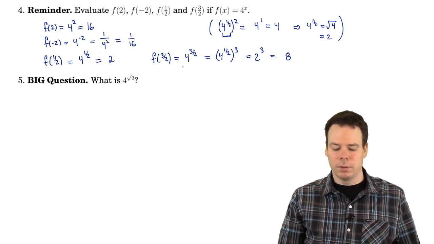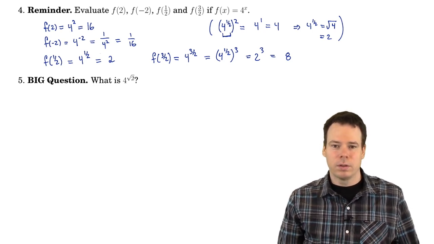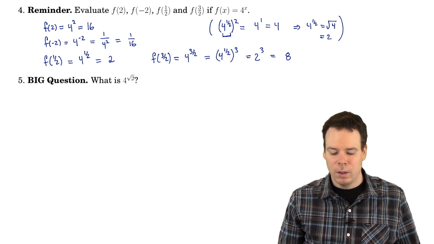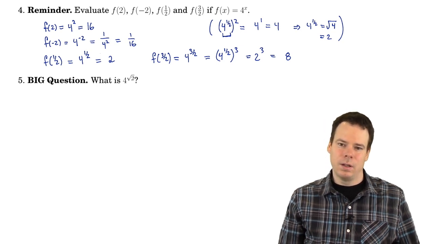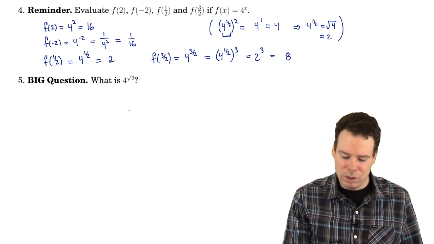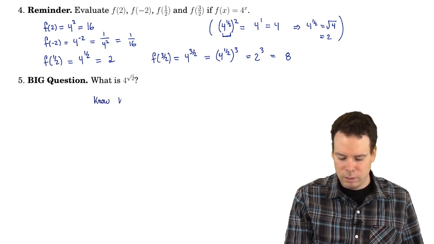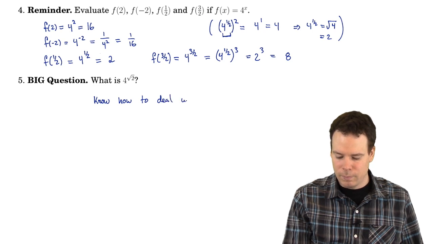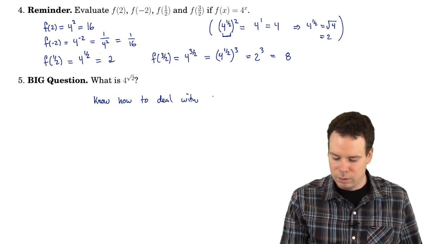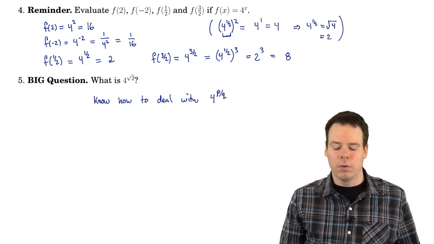So here's the big question. What if we were to ask 4 to the power of square root of 2? What would that be? Well, this is a big question because we know how to deal with rational exponents. So we know how to deal with things of the form 4 to the power of p over q.